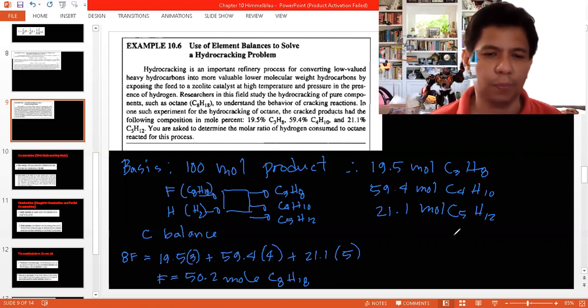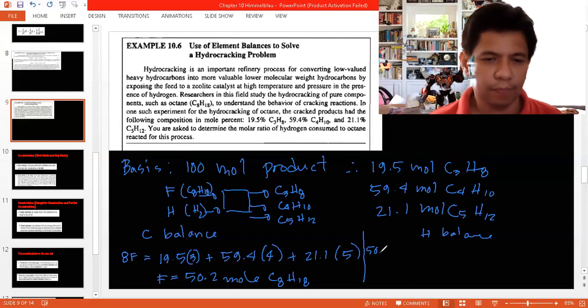On this side, we're going to perform the hydrogen balance. So we're going to draw a line. For the hydrogen balance, we have F times 18, and we already know F, it's 50.2. So it will be 50.2 times 18. Plus H times 2, or 2H.